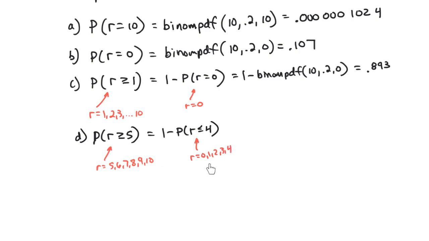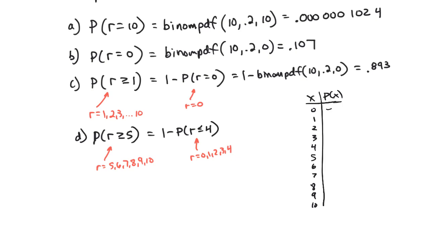Because remember, these are all the outcomes possible, 0 to 10. We want 5 through 10, which we can't find, but we can find 0 through 4 from binomial CDF. So let's find 0 through 4 and subtract it from 1. That'll be equivalent to this, right? Just to make a quick vertical table this time, but this is like 0, 1, 2, 3, 4, 5, 6, 7, 8, 9, 10, right?